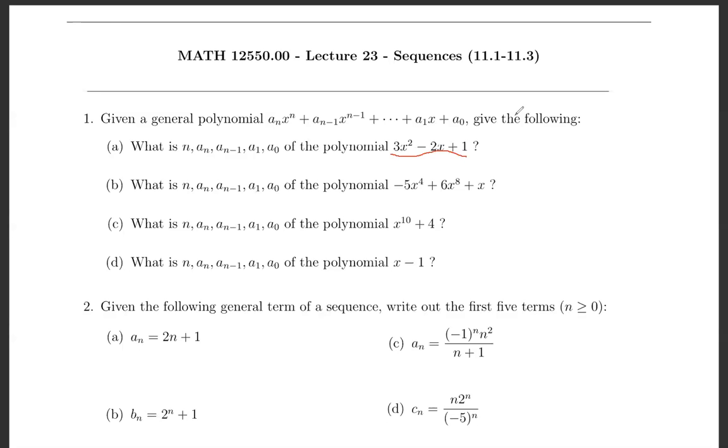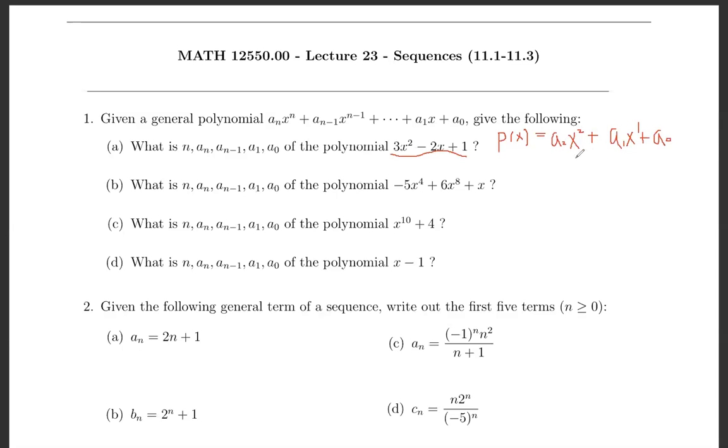So for a general power 2 polynomial, you start with A2, that corresponds to the coefficient for x squared, plus A1 times x. Finally, you have A0 for the constant term.